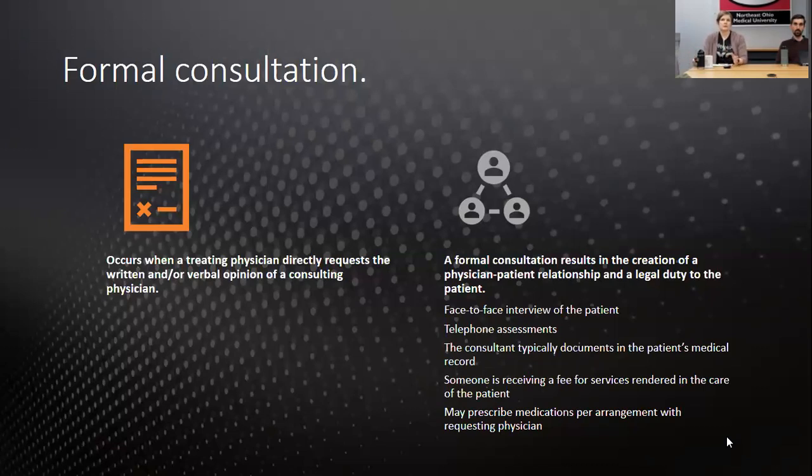The formal consultation ends up resulting in the creation of that physician-patient relationship, therefore establishing duty, and typically occurs if there's been some type of telephone contact or face-to-face contact between the consultant and the patient. The consultant is typically documenting directly in the patient record.